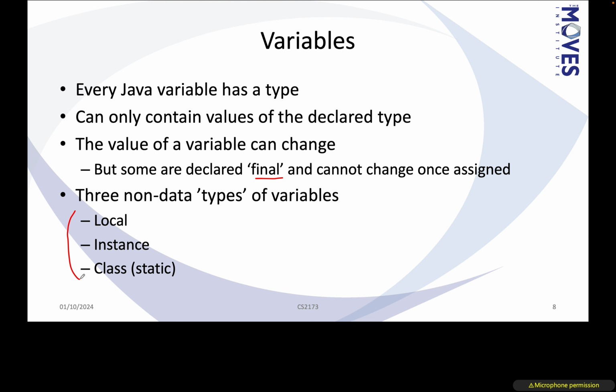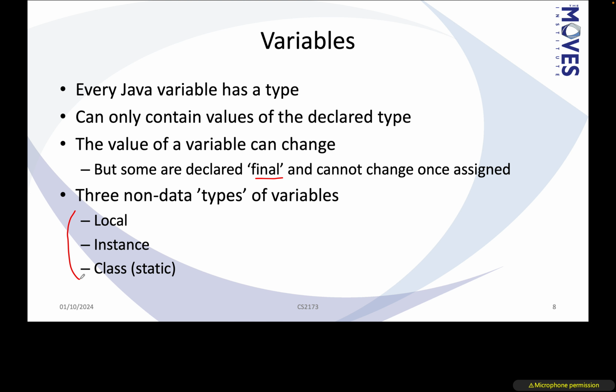Local variables exist only for the duration of a single method call. When I say method, you can translate to function in your minds if that's what you're used to. Functionally, methods are the same as functions in most respects. So a local variable only exists for the duration of a single method call. An instance variable is one that persists throughout the life of an object. All of this will make more sense once we delve into objects.